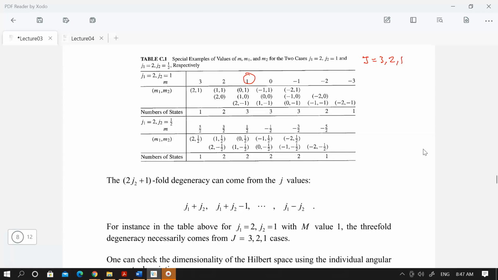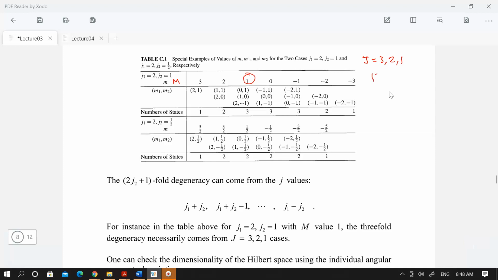Other combinations of M1, M2 will not give you capital M. This is taken from a book, so I should write this capital M there. Other combinations will give you a different M. And the total angular momentum state over here should come from these three possibilities.